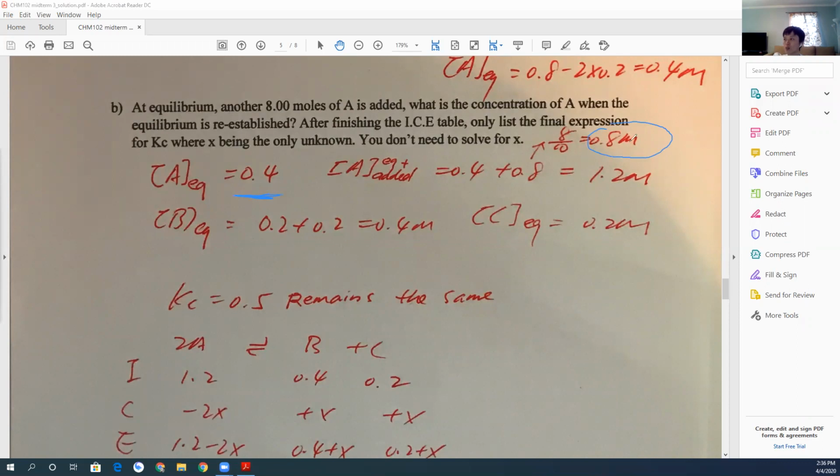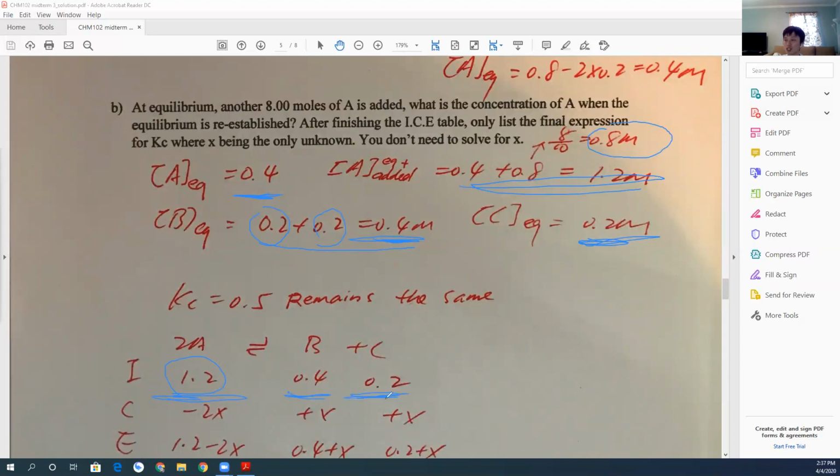You add another 0.8, so that becomes 1.2. For the concentration of B at the initial equilibrium, you have this amount generated, which is 0.4, and for C it is x, which is 0.2. So this is the initial concentration.